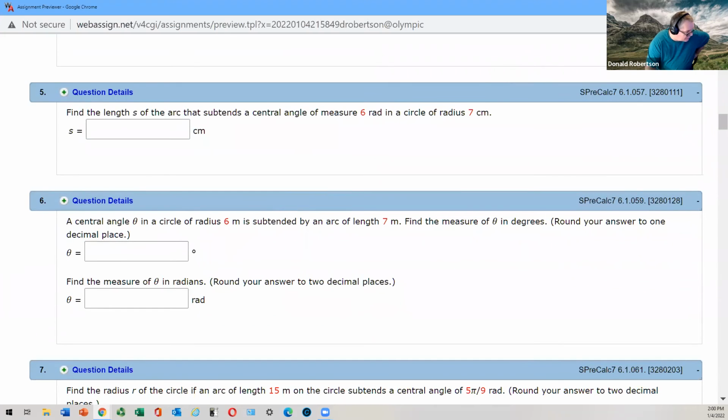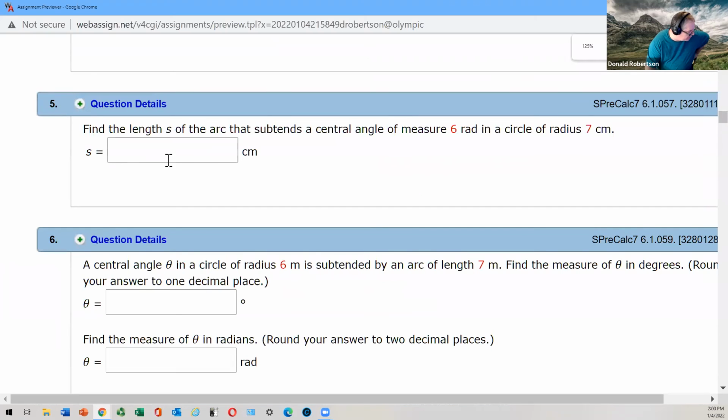Okay, now, what do you do if they don't give you a picture? Find the arc length S of an arc that subtends a central angle of measure 6 radians in a circle of radius 7. Doesn't that look like some lawyer got in the way of this question?